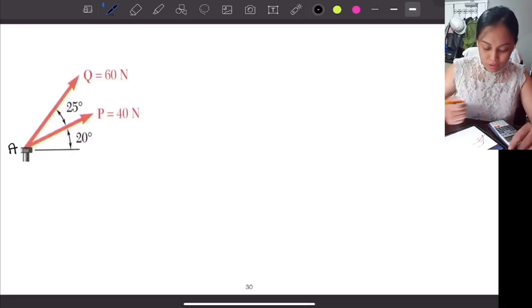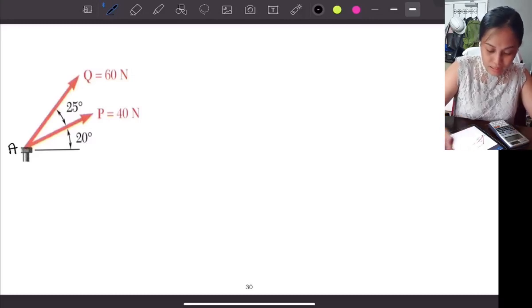The procedure is the same as before. We need to create a parallelogram, so we draw parallel lines.